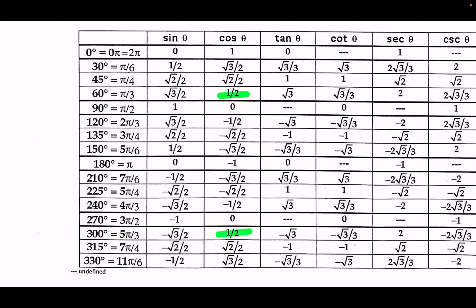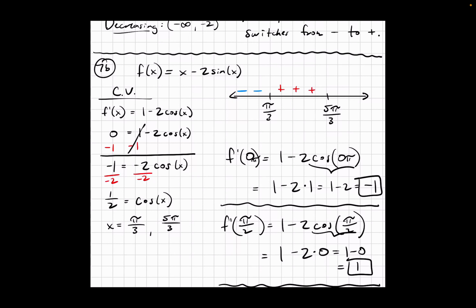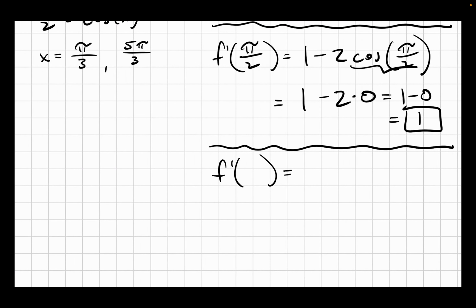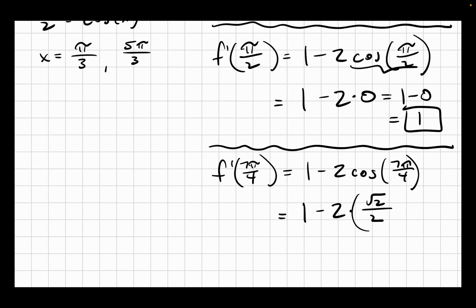I'll pick 7 pi over 4. So I get 1 minus 2 times cosine of 7 pi over 4. 2 times the square root of 2 over 2.